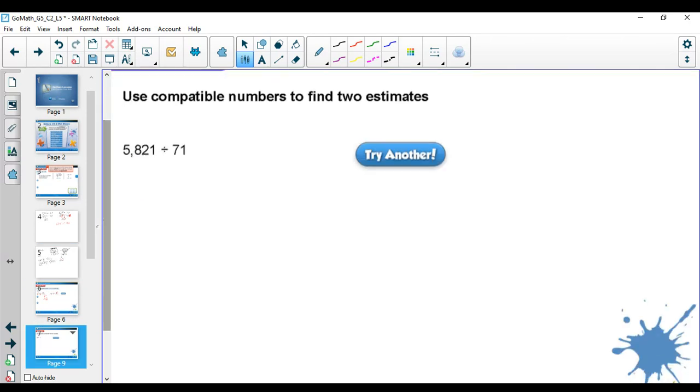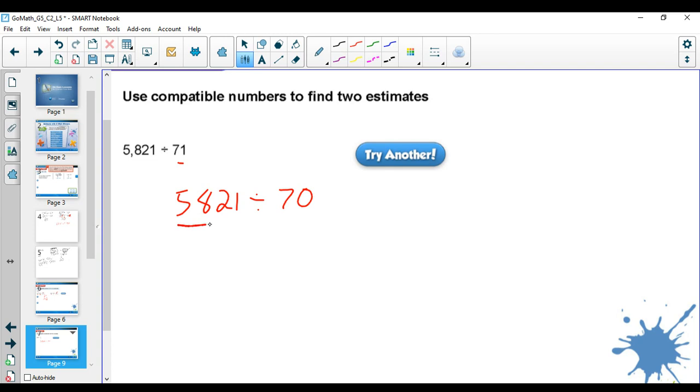All right, let's keep moving forward and see if we can try a couple more. So here, go ahead and pause it, come back and take a look at the answer and see how yours compared. All right, the first thing I'm going to do is I don't like 71. Instead, I'm going to use the number 70 because it's easier to think of it that way. So I have 5,821 divided by 70.